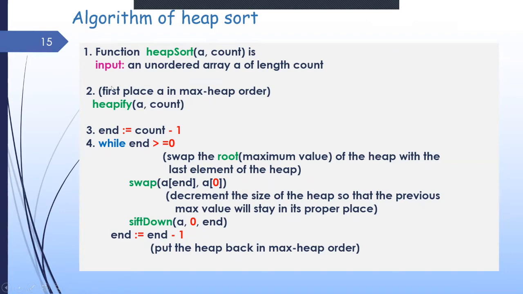And then call the function heapify, where pass a and count, and set end is equal to count minus 1 and check while end is greater than or equal to 0, then swap the root and last element, and then call the function shift down, where pass values a, 0 and end, and last set end is equal to end minus 1.